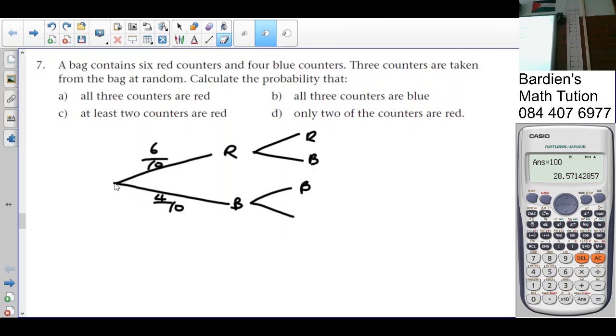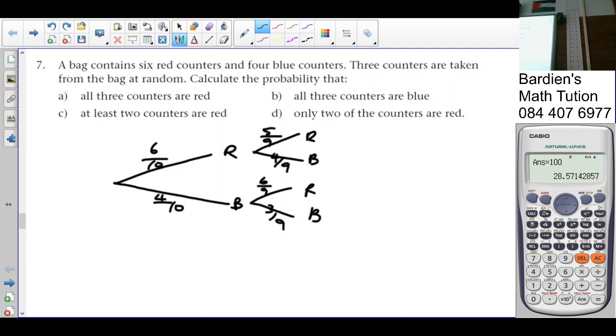No red. So what is the probability on the first branch? We draw red first. 6 out of 10, and blue 4 out of 10. If we drew red first, the red would be 5 out of 9 and blue 4 out of 9. We draw blue first. The red would be 6 out of 9 and blue 3 out of 9. You all okay with that?